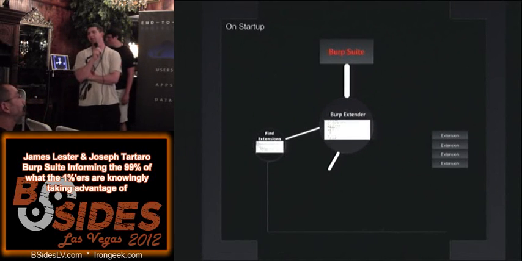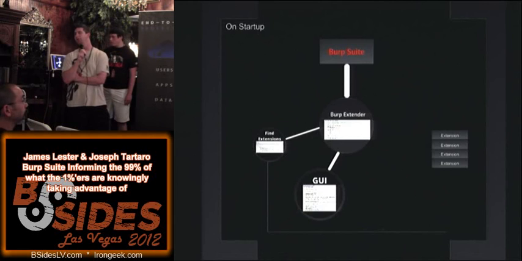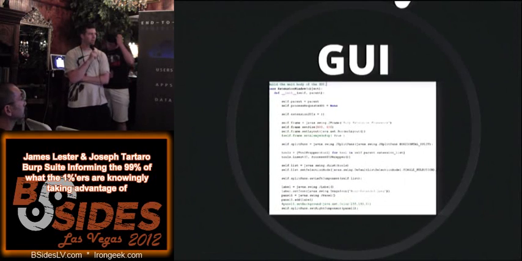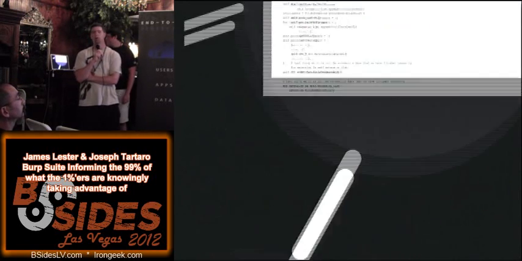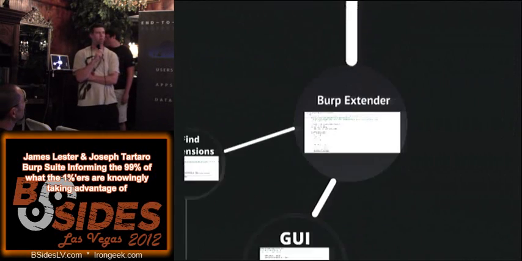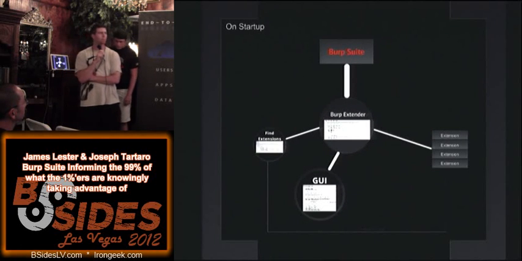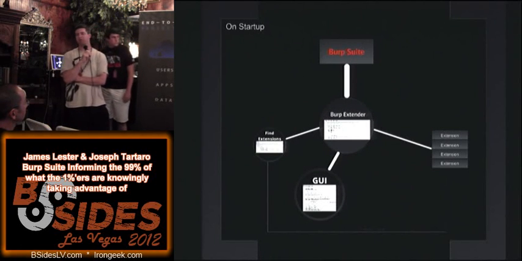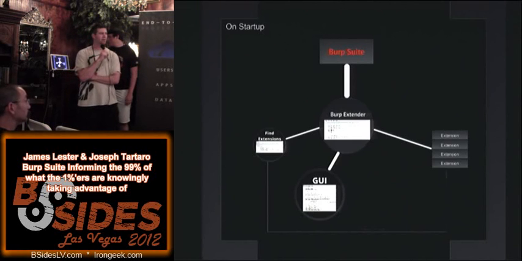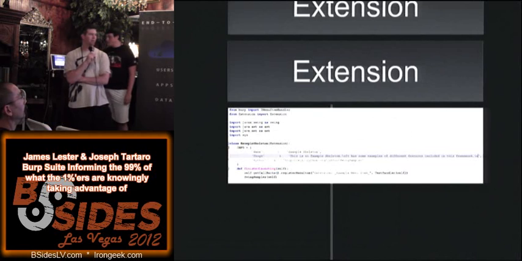Then the next thing it's going to do is make a call out to our GUI where it builds the body for the GUI, passing it all instances of extensions found. And it's going to load, or at least get it prepared or set up to load. And it's going to pass all that information back with the built GUI body to Burp Extender. And then last, Burp Extender is going to make a call out to each individual extension where you would have your final code running.